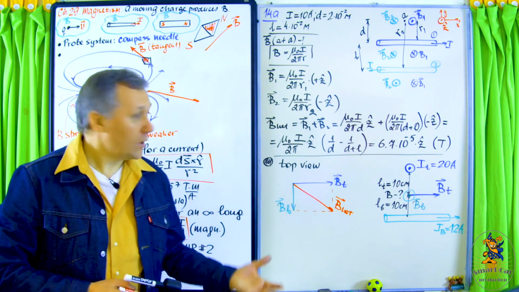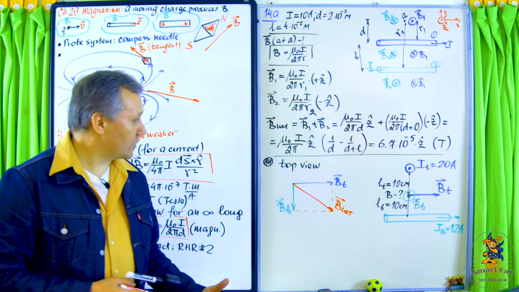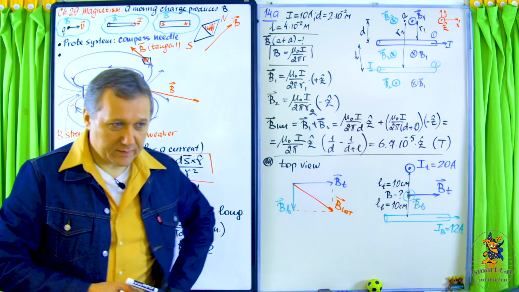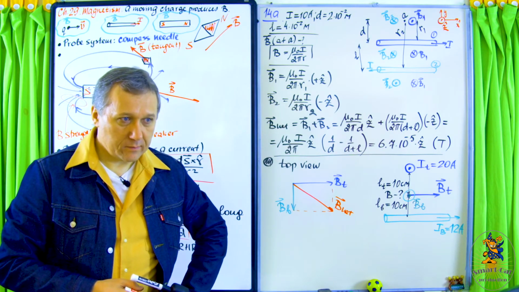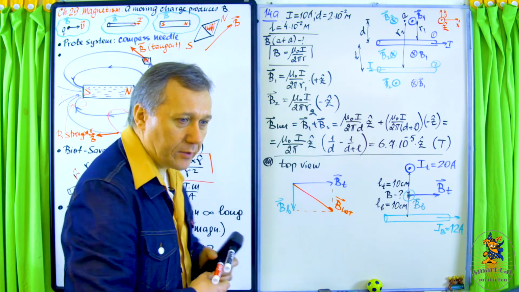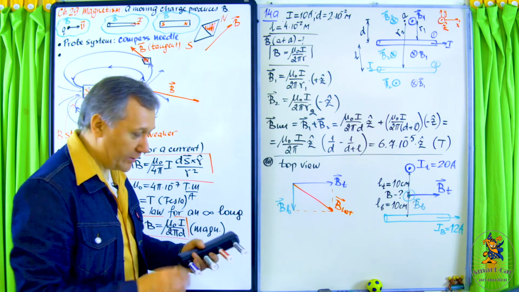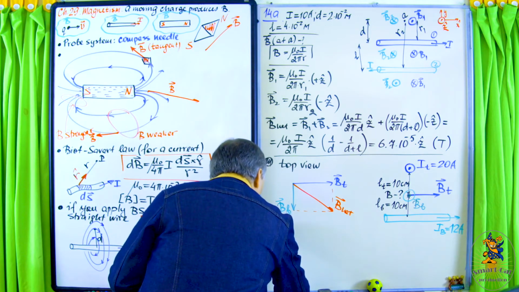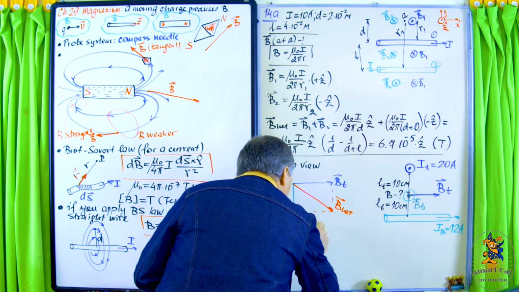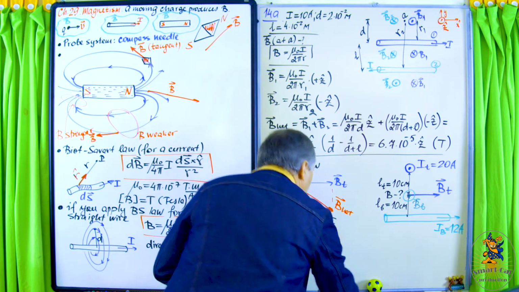And this is the point where lots of students skip drawing the nice picture. As a result, they just add magnitudes. And of course, that doesn't make any sense, right? That's why I usually encourage you, draw a nice picture, because pictures help a lot. Okay, so now I think for everyone it should be clear that in order to find the magnitude of B net, you just need to take B sub T squared plus B sub B squared and take a square root.